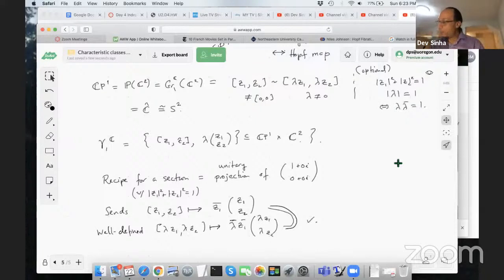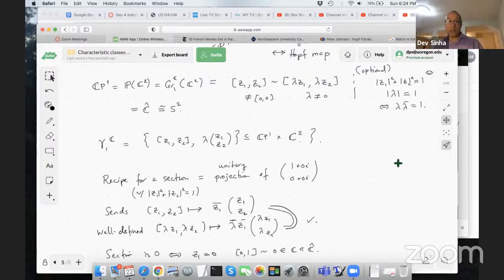And then the section is 0 if and only if Z1 is 0. So that's the point 0, 1. And we really want to think of that as, if we think about this as the complex numbers with a single point at infinity, this is the point 0.